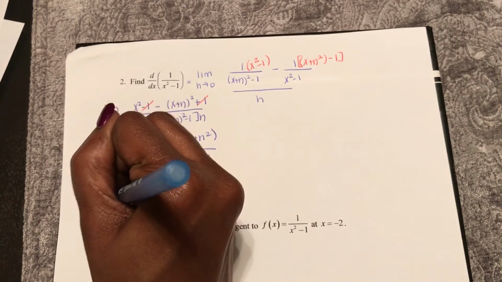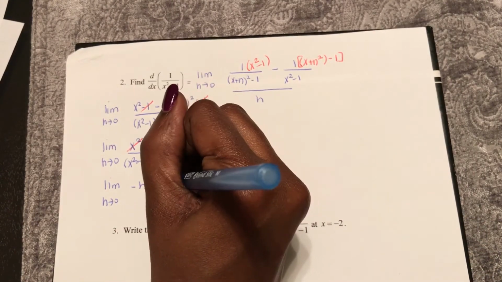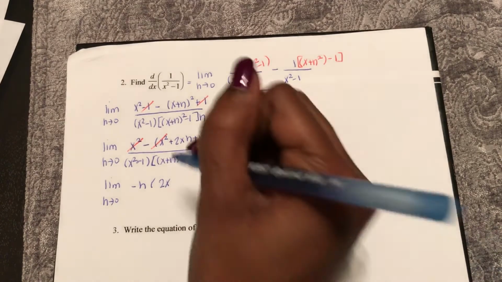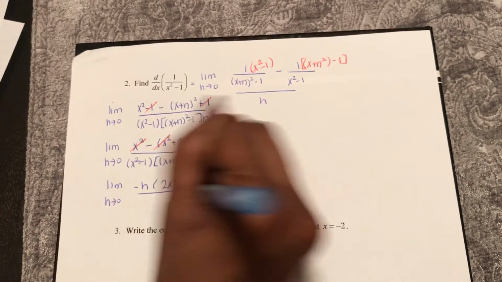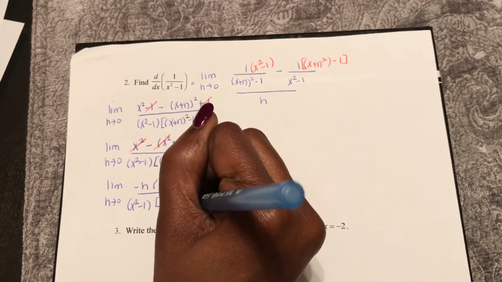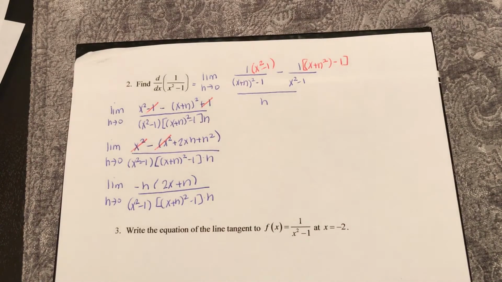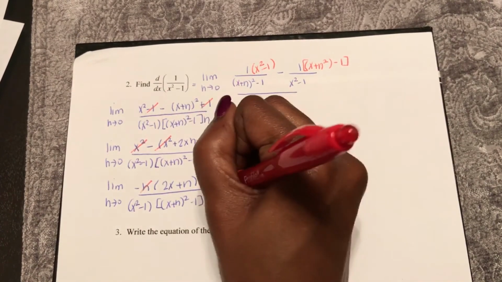So I have the limit as h approaches 0 of negative h multiplied by 2x plus h all over my common denominator multiplied by h. So now these h's cancel.